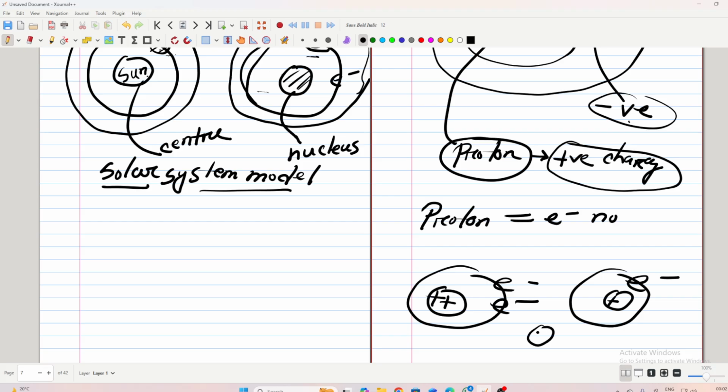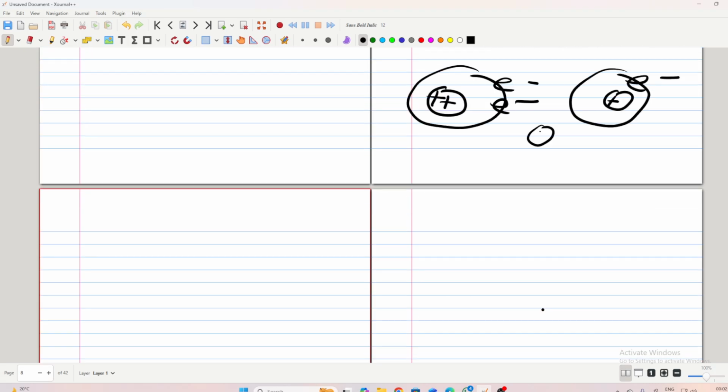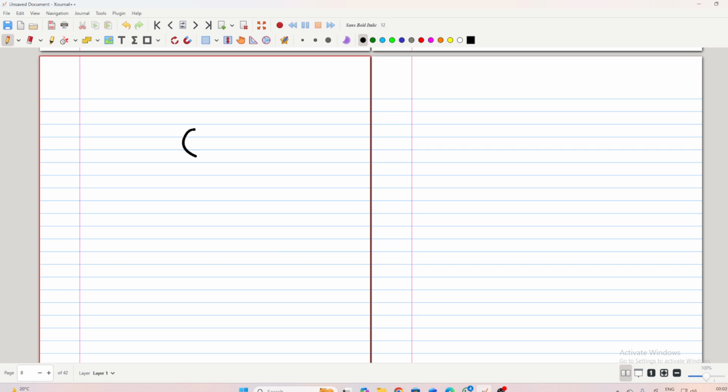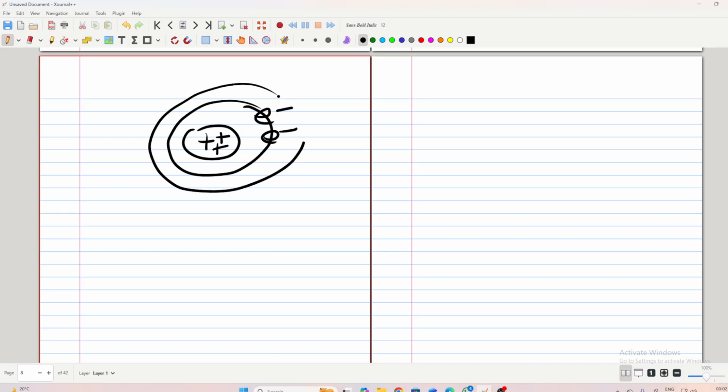If you take two protons, there will be two electrons. If you take three protons, that means three electrons are rotating around the nucleus. So the proton number always equals the electron number. That means if you have three positive charges in the nucleus, you will get three negative charges in the electronic shell.